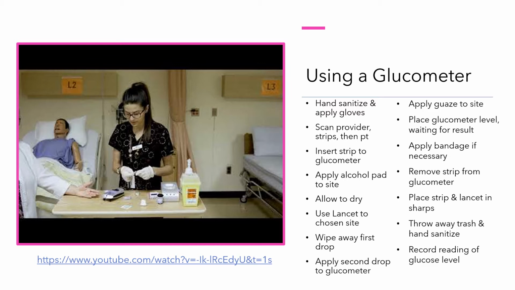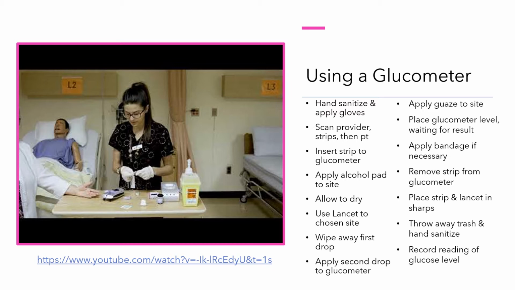You're going to wash your hands and sanitize, apply your gloves. Then you're going to scan the provider, which is you, scan the strips, and then the patient. This we can't really simulate in the lab as we don't have an actual barcode scanner. But in the hospital setting, you will have to scan the provider, and they will have to have active credentials.